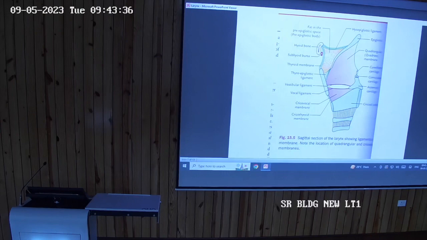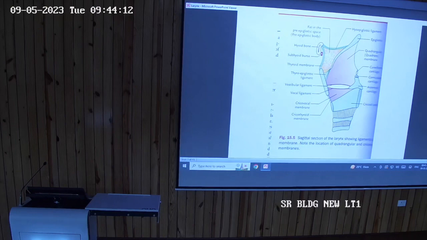The lower end of the quadrate membrane is free, and this free lower end forms the vestibular ligament of the larynx. The mucous membrane covering this vestibular ligament is called the vestibular fold of the larynx.